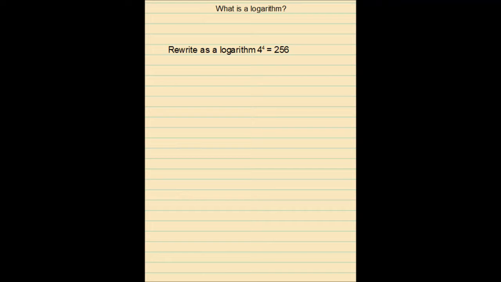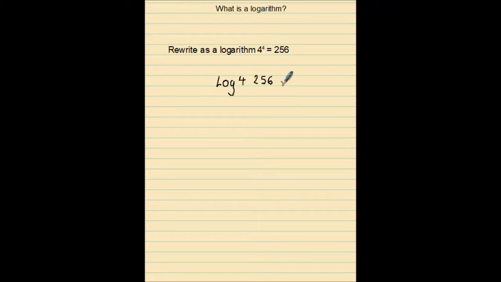I'm going to just have a look at some example questions now. Rewrite as a logarithm. So now we're going to go back the other way. We're not solving any equations here. There's not an unknown. We're just writing it out in a different way. So you've got to think, I'm asking, what is the index to the base 4 that results in 256?